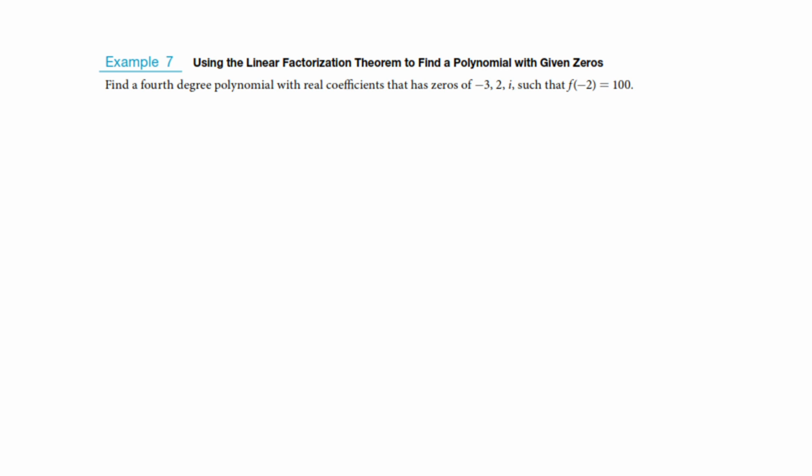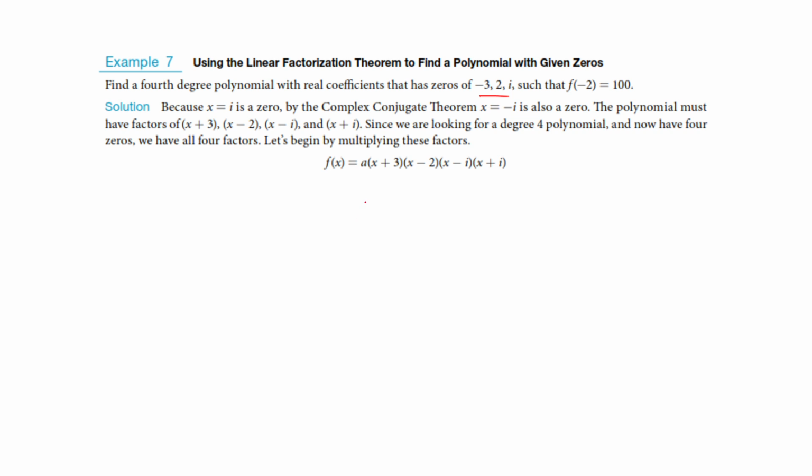Okay, so here's a problem that could use this fact. What we want to do is find a polynomial where all they've told us is these 3 zeros, and one of them is complex. So let's start to build this thing. Here are my 2 real zeros, negative 3 and 2.